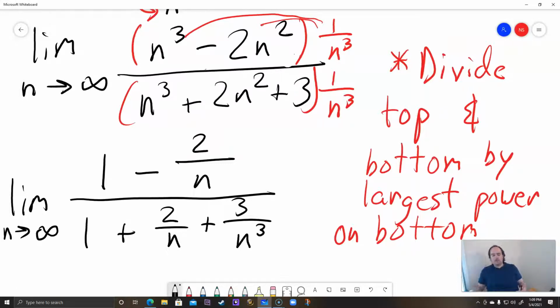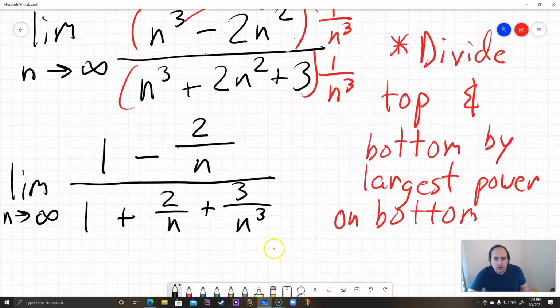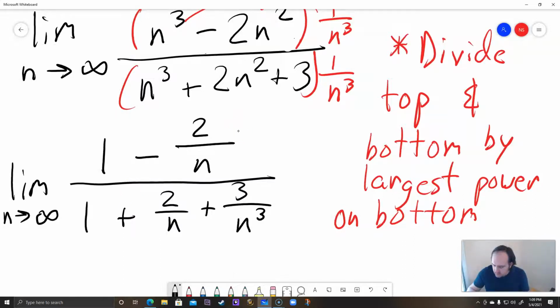Now remember, if you take the limit as n goes to infinity, and you have a fraction where you just have the variable in the denominator, and you don't have a variable on the top, that's always going to go to 0. So this negative 2 over n, as n goes to infinity, the denominator becomes infinitely large, but the numerator stays fixed, which means that the whole thing goes to 0.